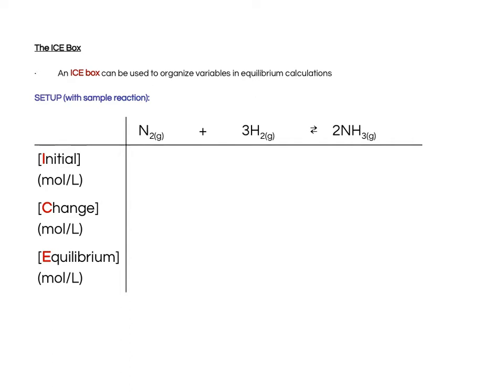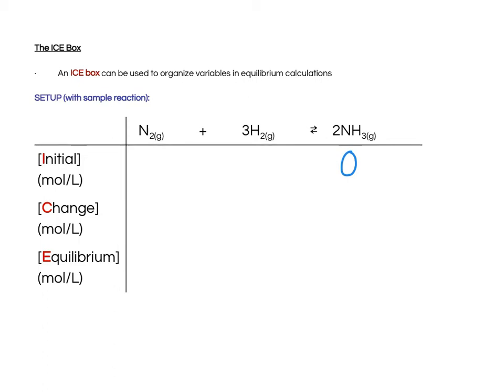But more often than not, we'll start with a certain amount of our reactants and then none of our products. So usually, when we're first starting out, the initial amount of my product will be 0 moles per liter. Why? Well, I haven't made any. At the beginning of the reaction, I usually will only have reactants present.